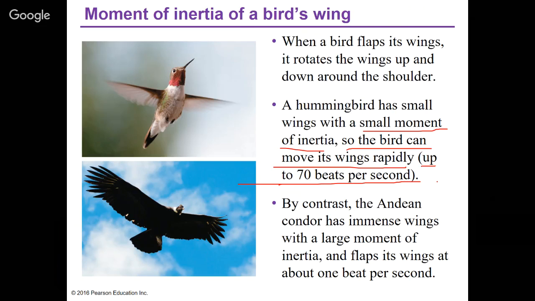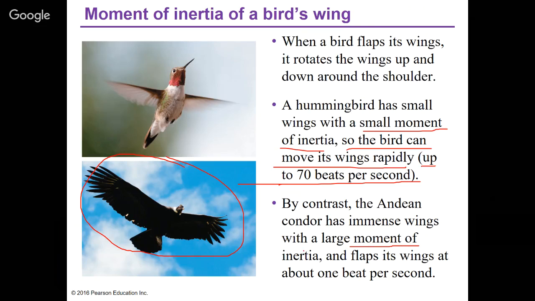In contrast, if we have a large bird like this condor here, it has a wingspan of a couple meters, and its mass is also much larger than the hummingbird.